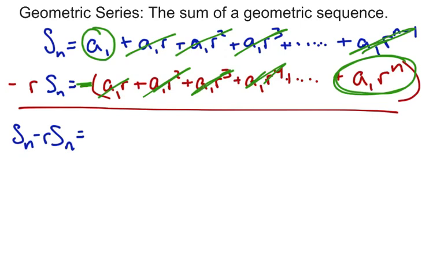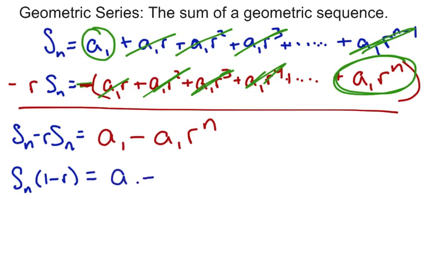So on the right hand side, we're left with a1 and everything down to minus, this minus right here, a1r to the n. Now just doing a little math magic, we can factor out Sn, be left with 1 minus r, and then divide.